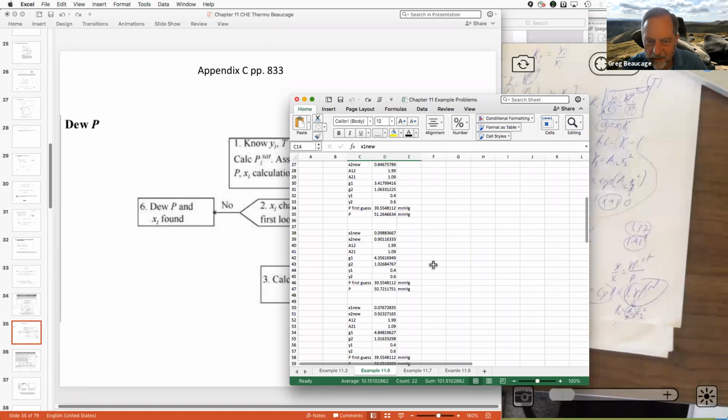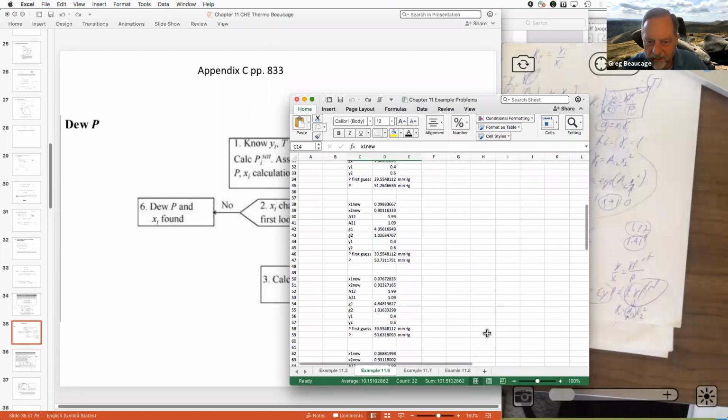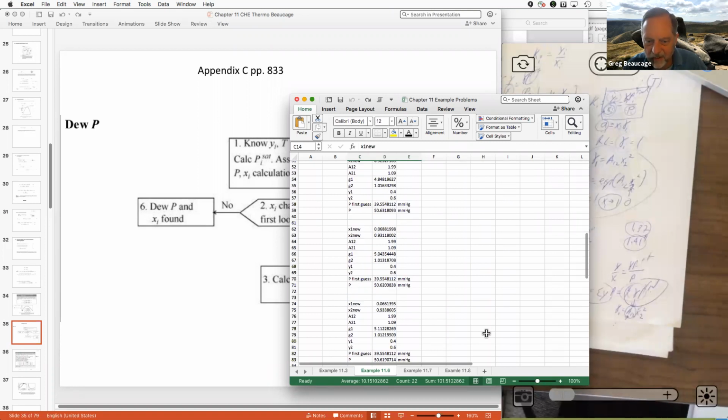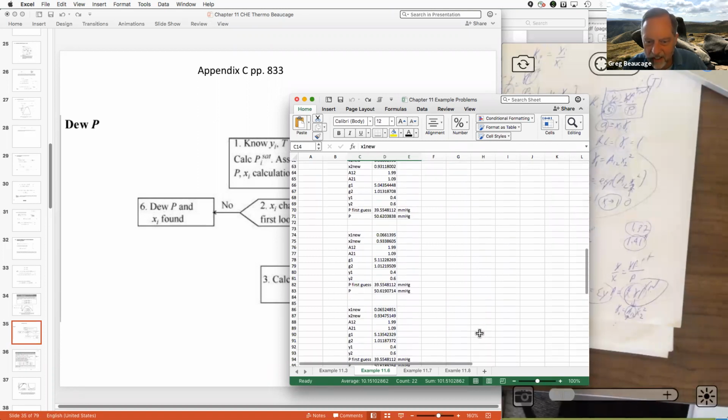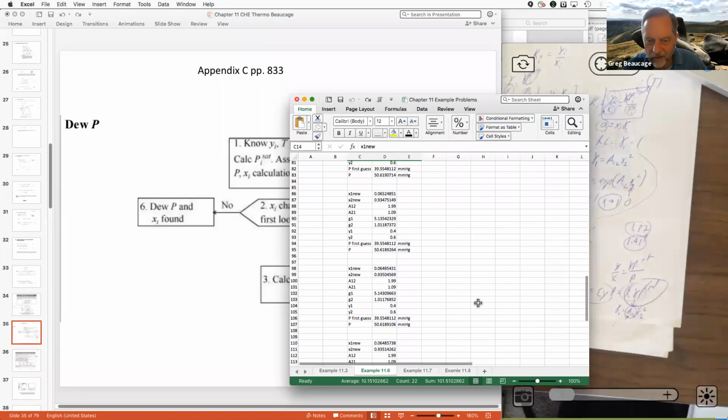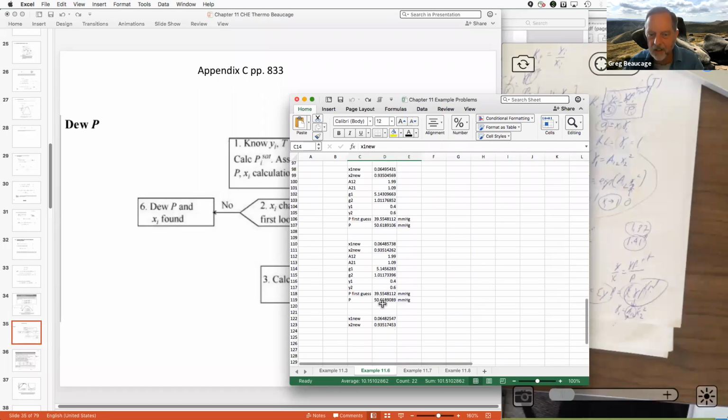You get 51, then 50.7, 50.6, and then finally it's at 50.6 and it doesn't change any. That's the answer, 50.6, and then you have the pressure, the Y's fixed, the X's, and the gamma. So you have all the information about the dew point.